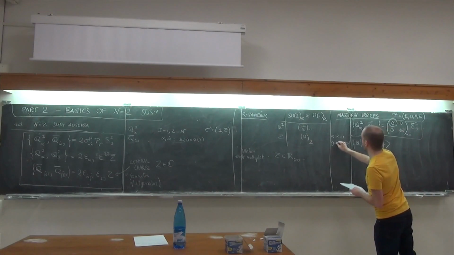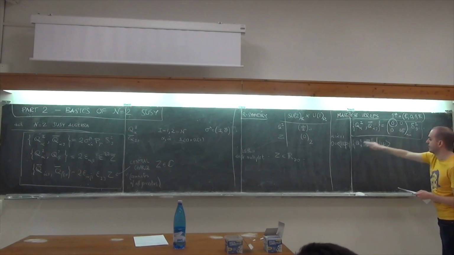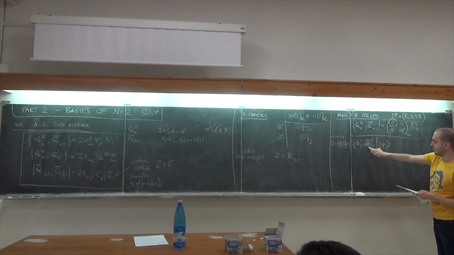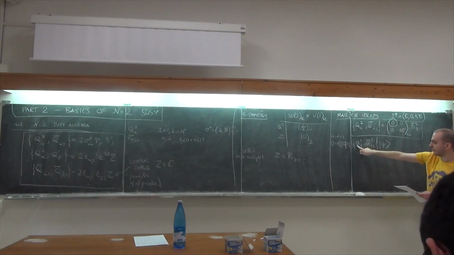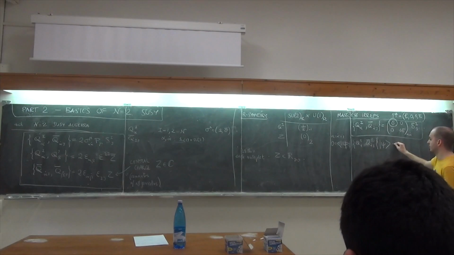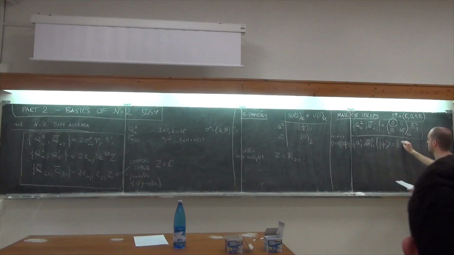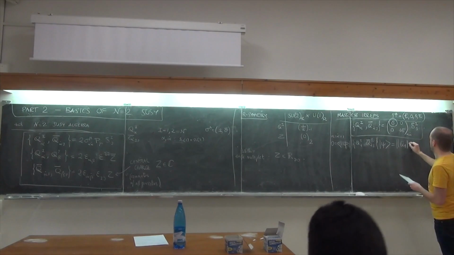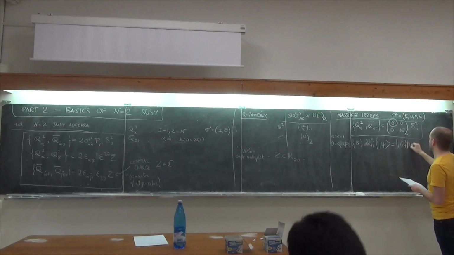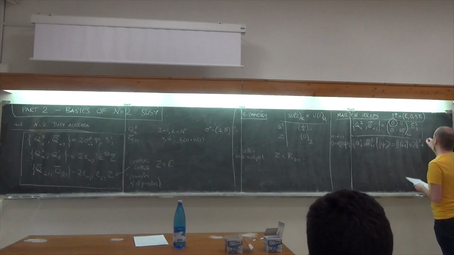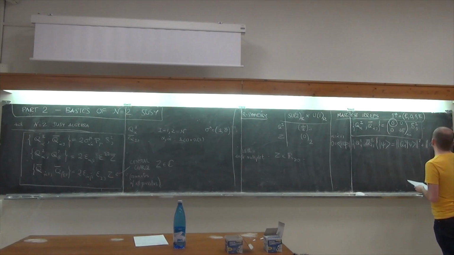So this is 0 by the supersymmetry algebra, but since this Q bar supercharge is the Hermitian conjugate of this one, this is just the sum of norm squares: the norm of Q 1 i psi plus the norm of Q 1 i dagger psi.